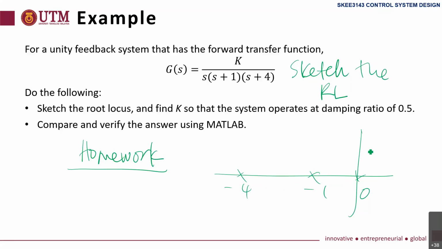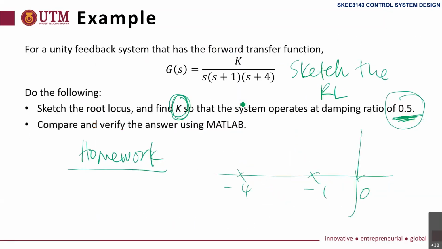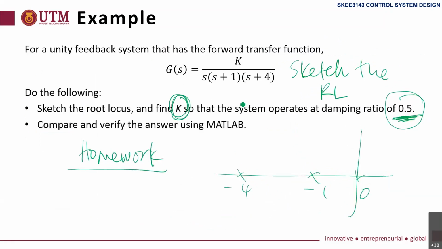Then apply rule number 9 to get K. Find K so that the system operates at damping ratio 0.5. Actually, the root locus is given here, but I want you to draw it yourself before looking into this.